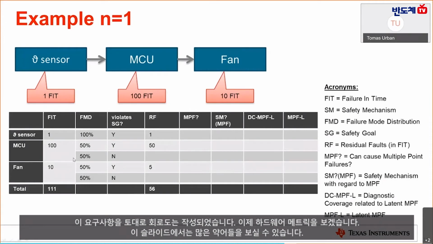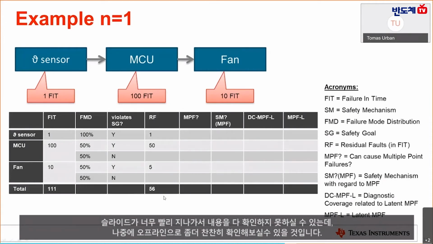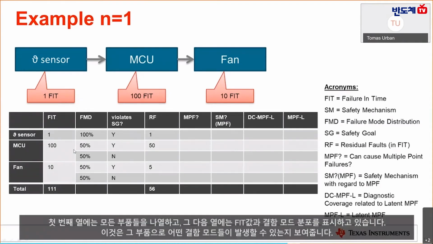So now let's look at the metrics. This may be a little bit fast, a lot of new acronyms, but to fit all this information into a few slides, you might need to look at those slides offline. Anyway, we list all the components in one column.